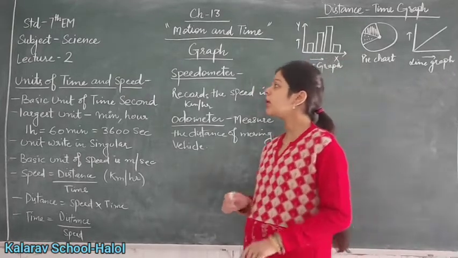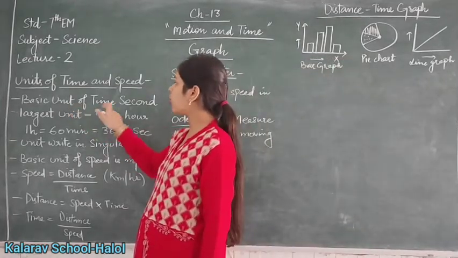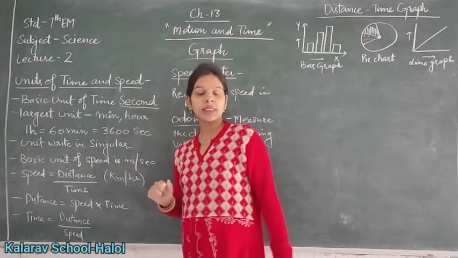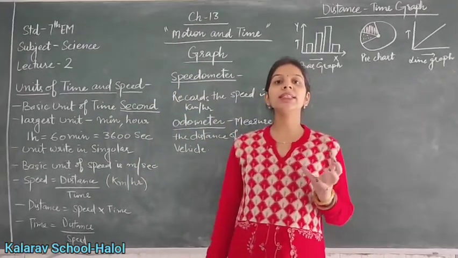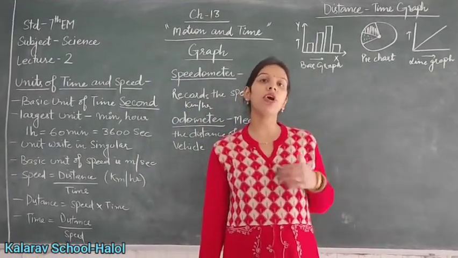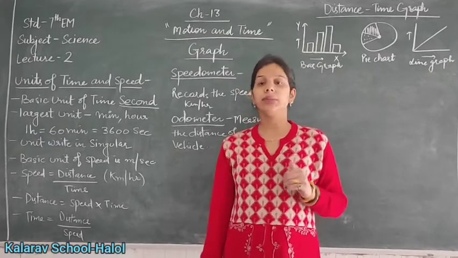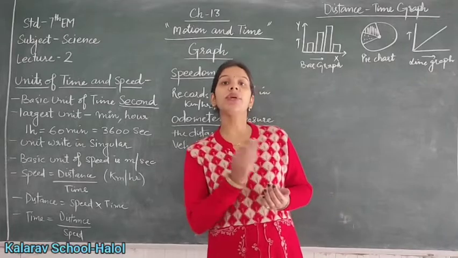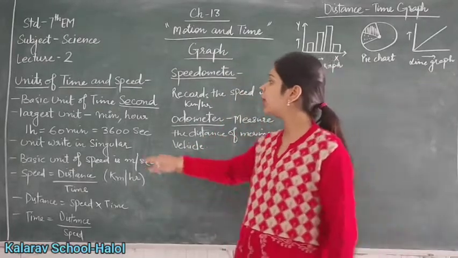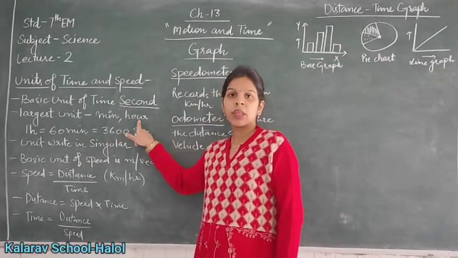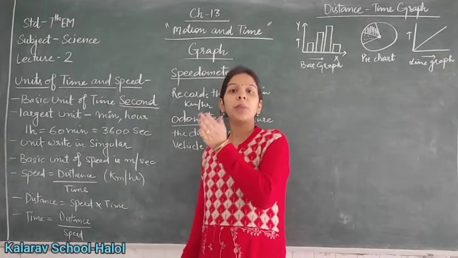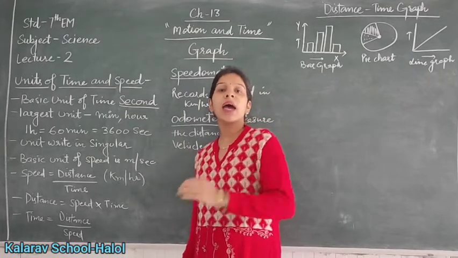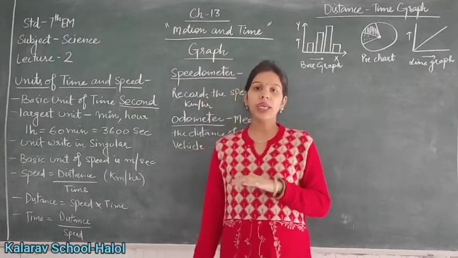Number one, the basic unit of time is the second. So the second is the smallest unit for calculating time. Number two, the larger units to calculate time are the minute and the hour. So seconds, minutes and hours are interrelated to each other.